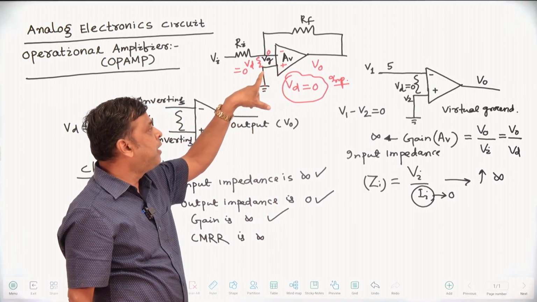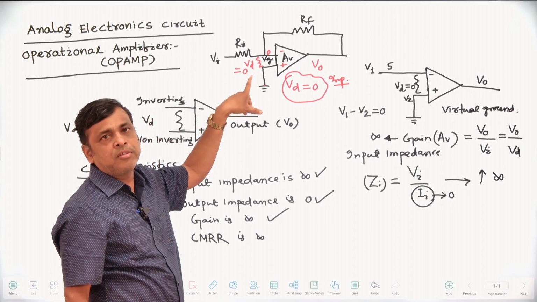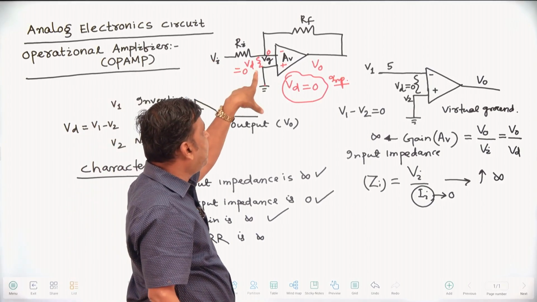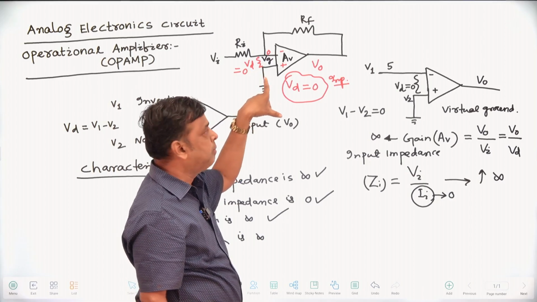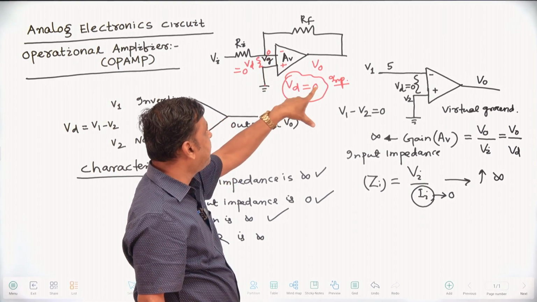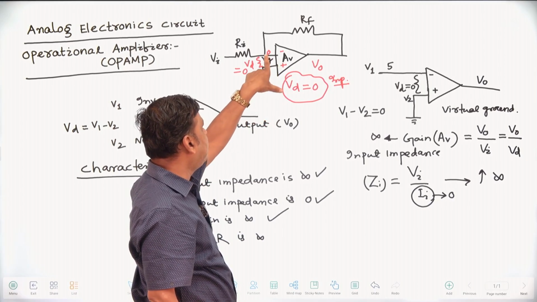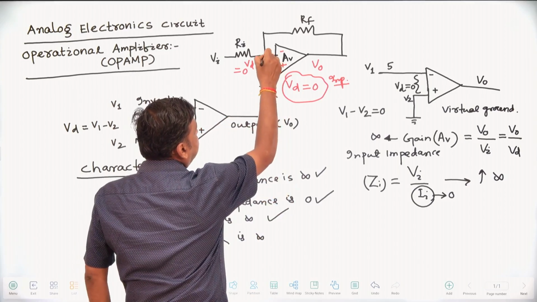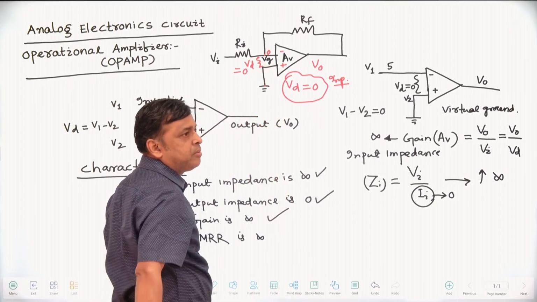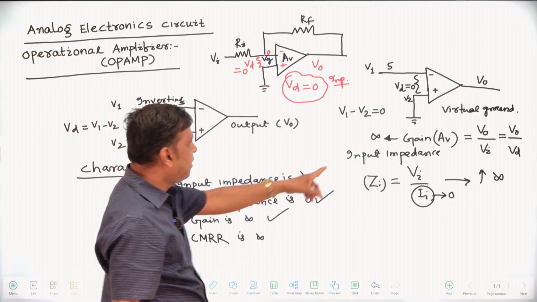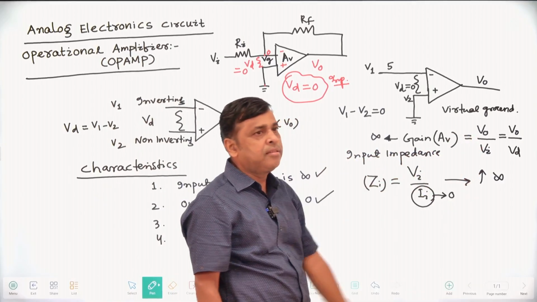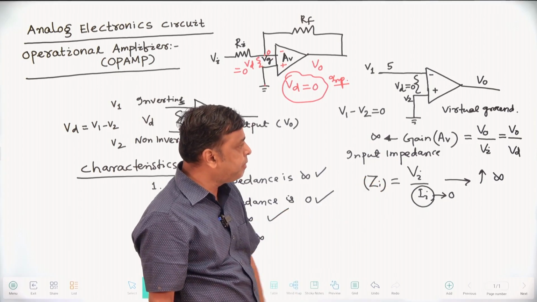This is the trick, the key point, when we are going to solve operational amplifier problems. Since the gain is infinite, and since this is grounded here, this is 0 volt, and this potential is 0, because the difference voltage must be 0. Another thing is that the gain is infinite and the input impedance is infinite.